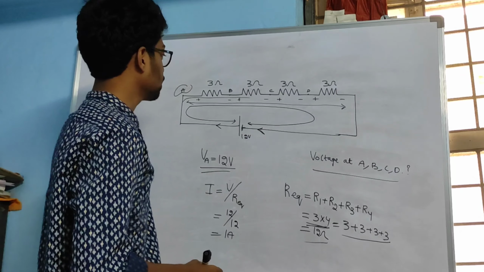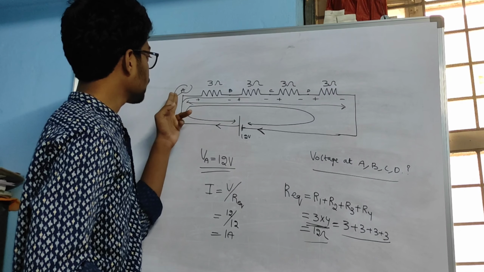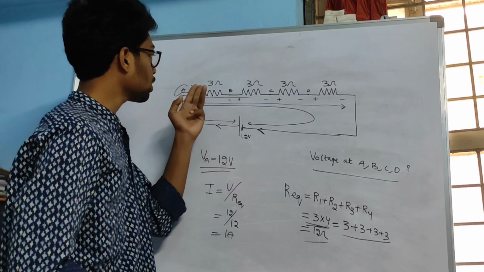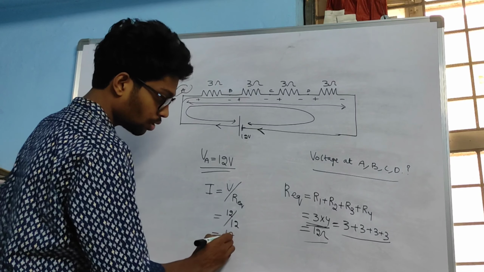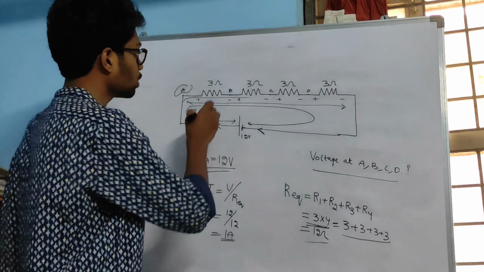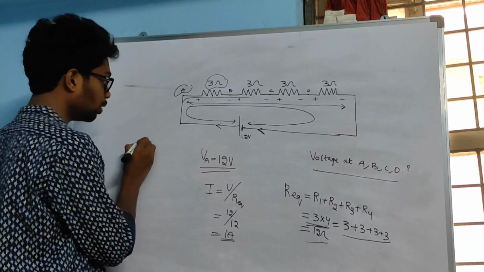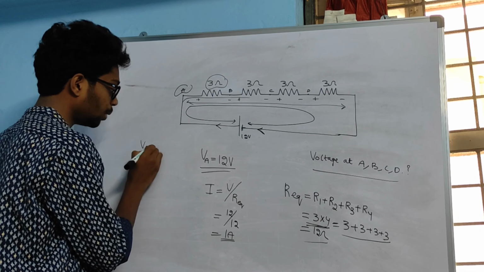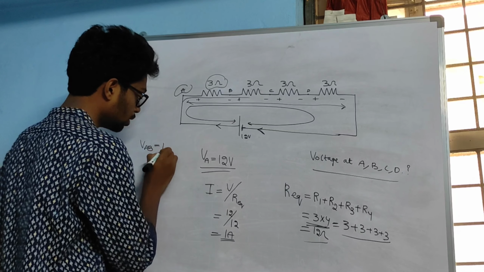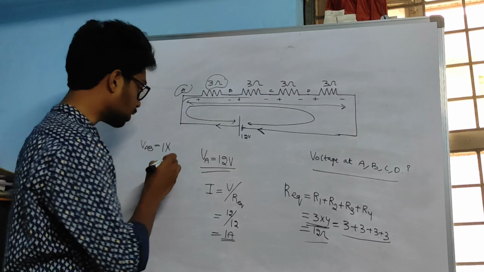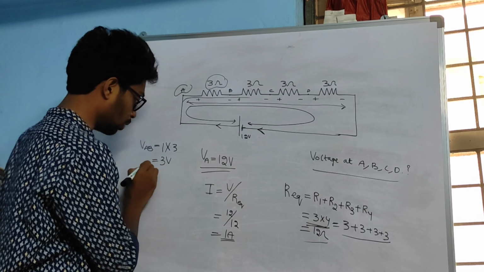The drop at the first resistance, that is across AB terminals or first 3 ohm resistor, is equivalent to current into resistance of that resistance. So voltage VAB or voltage at first 3 ohm resistance is equivalent to current flowing through that resistance into resistance of that resistance. So we have got 3 volts.